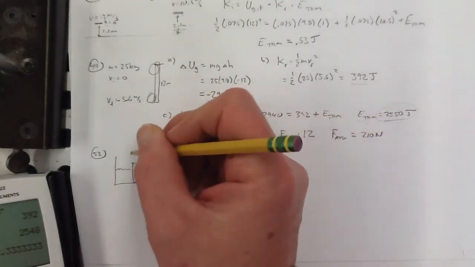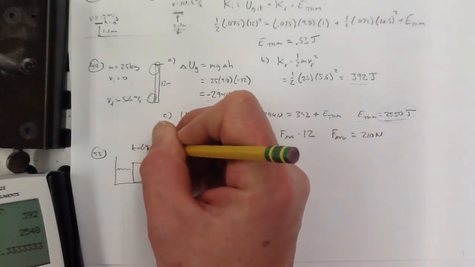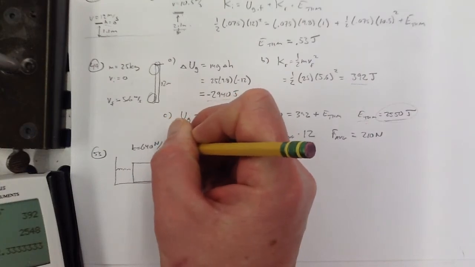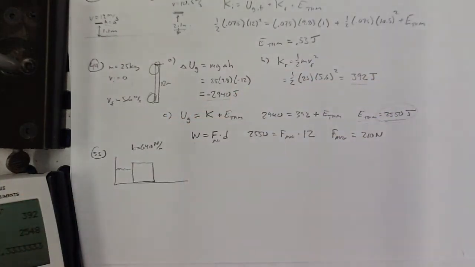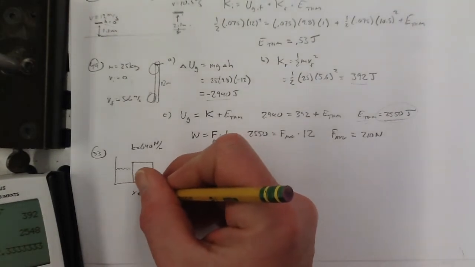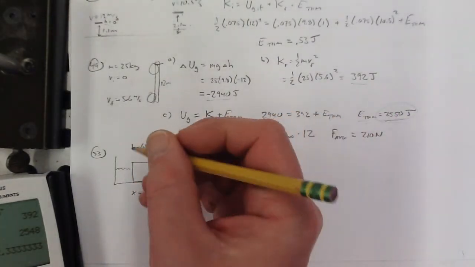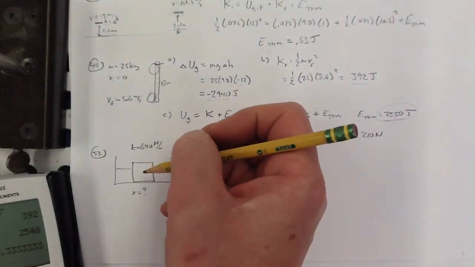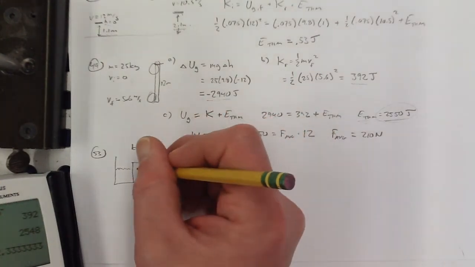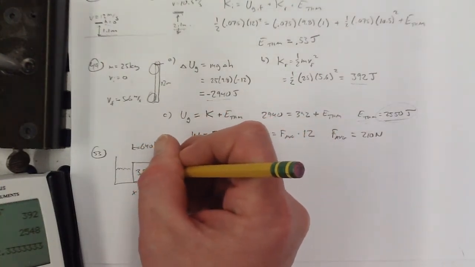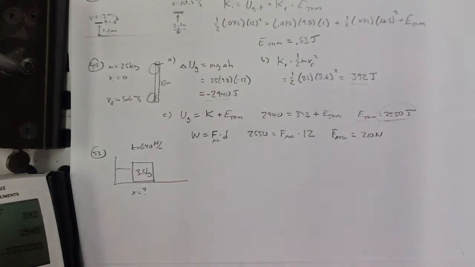All right, so the spring constant here is 640. We don't know how much it was compressed. I think we are looking for that in part C eventually. I do know that the mass of this is 3.5 kilograms.